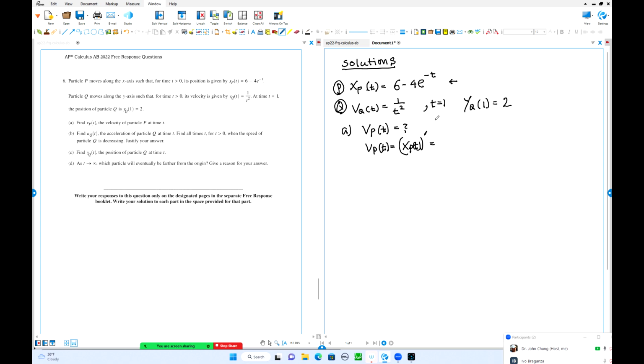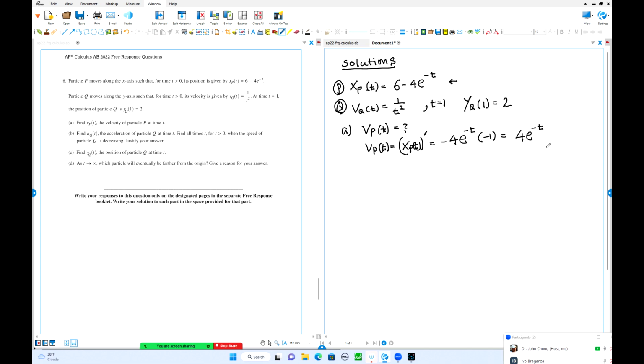So what is the derivative of 6 minus 4 times e to the negative t? The derivative of the constant is 0. The exponent is still negative t, but we multiply by the derivative of negative t, which is negative 1. We still have negative 4 e to the minus t, but we multiply by negative 1, so it's going to equal positive 4e to the negative t.